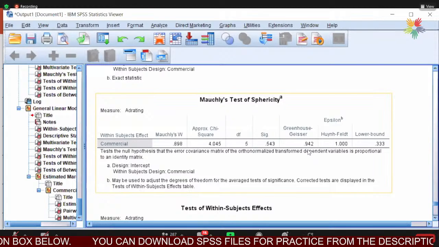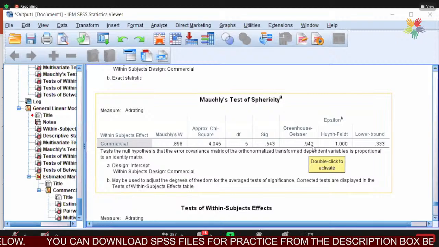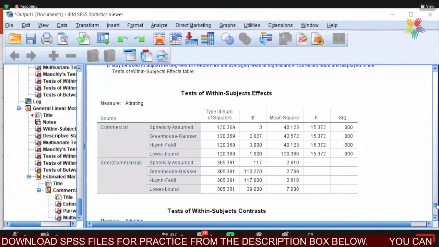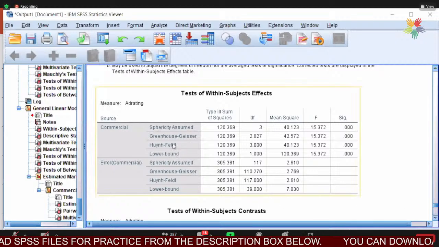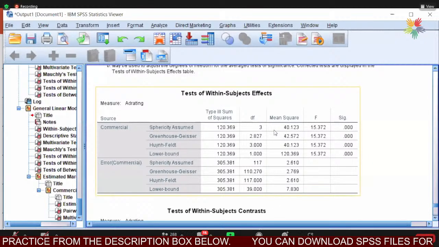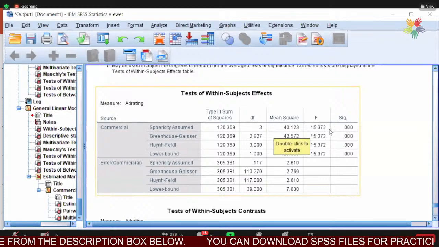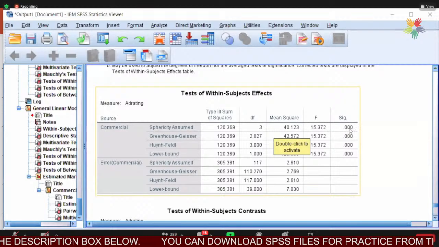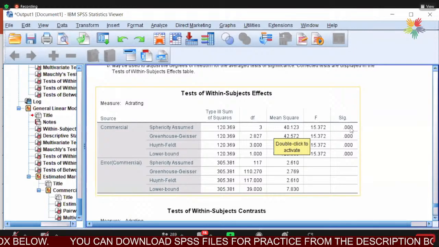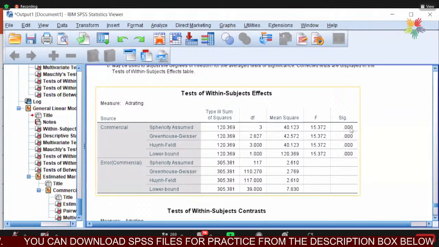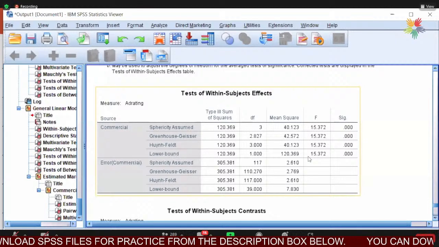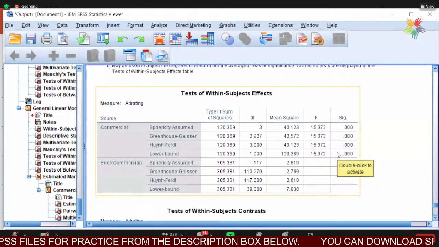Now here it is more than 0.75, then we have to see the Huynh-Feldt. So when the sphericity significance value is greater than 0.05, we have to use this one. If it is less than 0.05, then we have to look at the Greenhouse-Geisser. When the Greenhouse-Geisser is less than 0.05, use Greenhouse-Geisser, otherwise use the Huynh-Feldt.